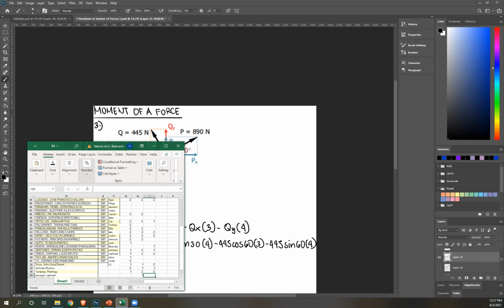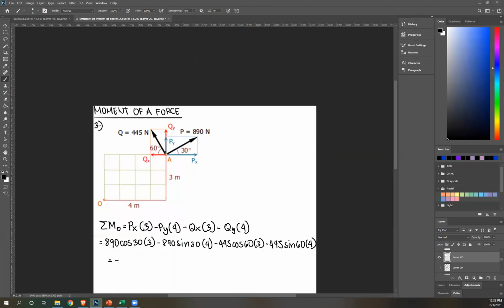Once again, negative 1676.74. What's the unit? It's the unit of your force multiplied by the unit of distance. Force is Newton, distance is meter. So Newton meter.